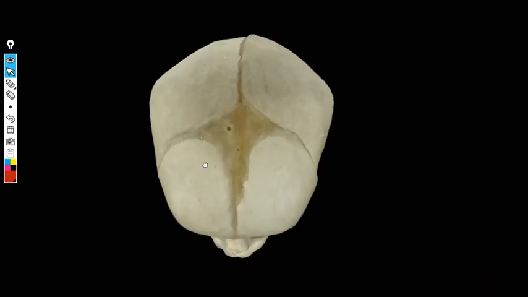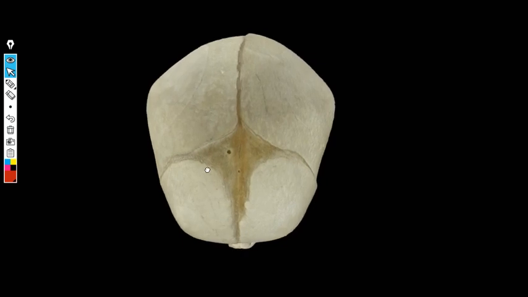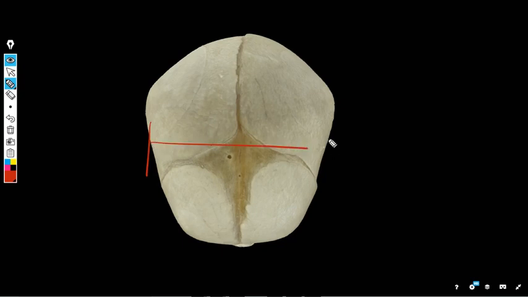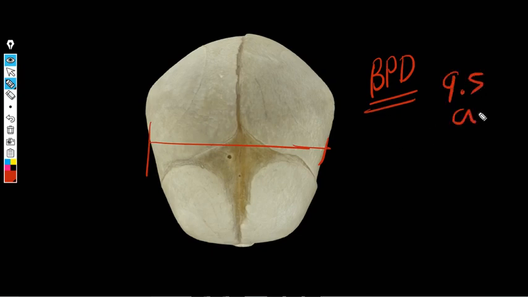Here, friends, these are both parietal bones, and this makes the biparietal diameter, BPD, of the skull, and that is 9.5 centimeter. The biggest diameter is the biparietal diameter, that is 9.5 centimeters.